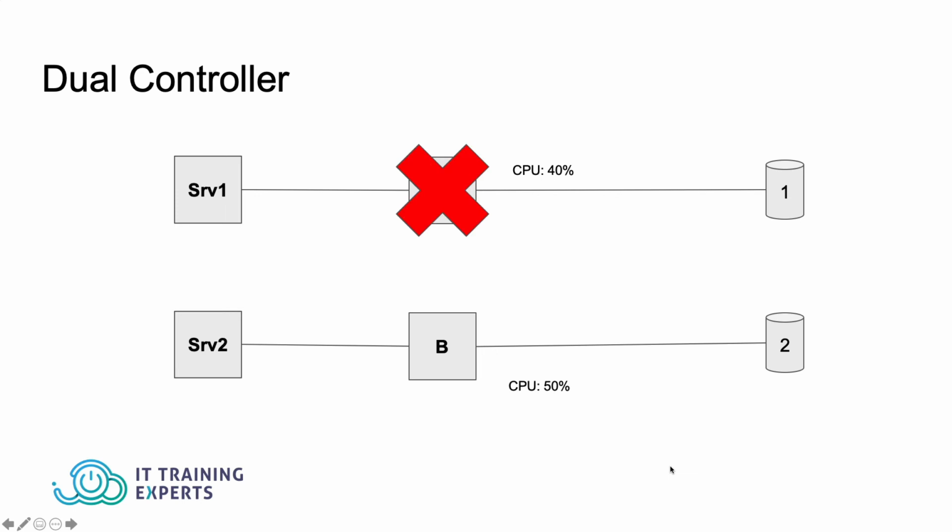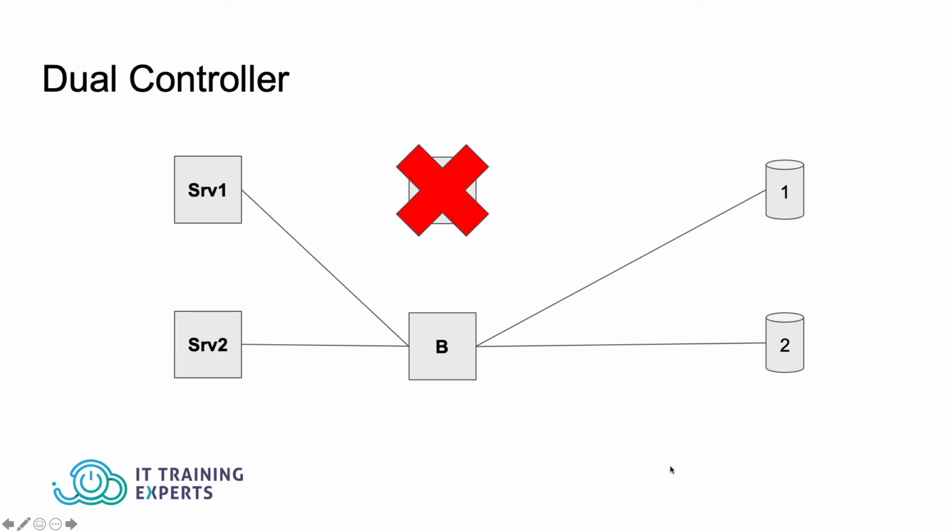At that point, the workload that was on server 1 accessing volume 1 gets moved to controller B. So B is the failover for controller A. Now controller B is taking over both server 1 and server 2's workload needs, and sees a spike in CPU. All of a sudden the CPU is at 90%. This is the point where we may start having some performance issues.